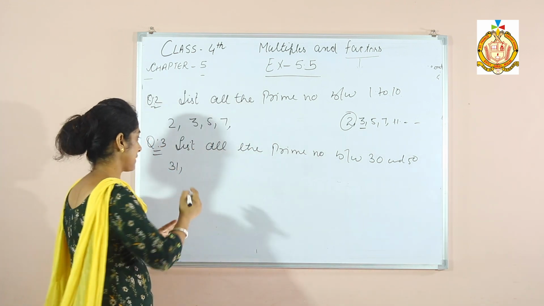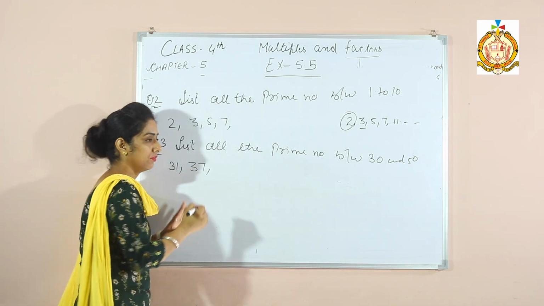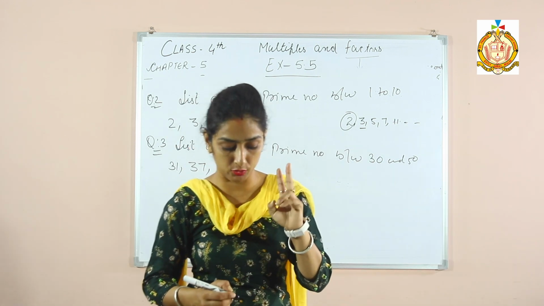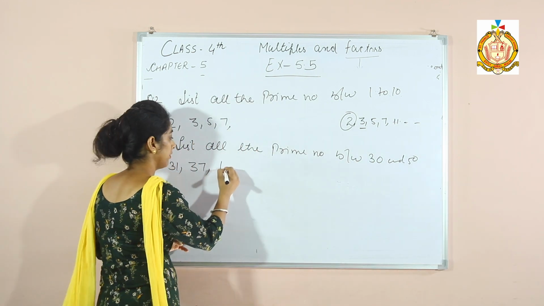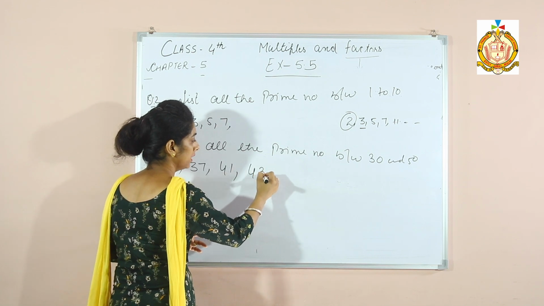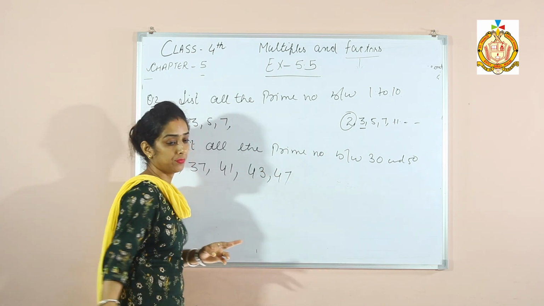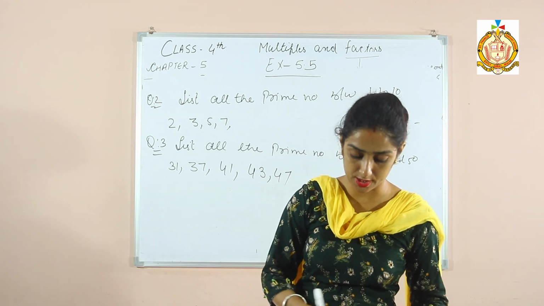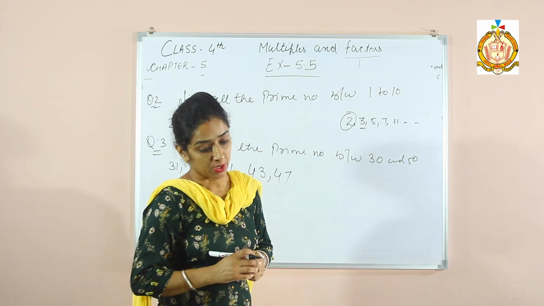Now 37 is a prime number, 38 not, 39 not, 40 not, 41 is a prime number, 42 is not, 43 and 47. These are the prime numbers.